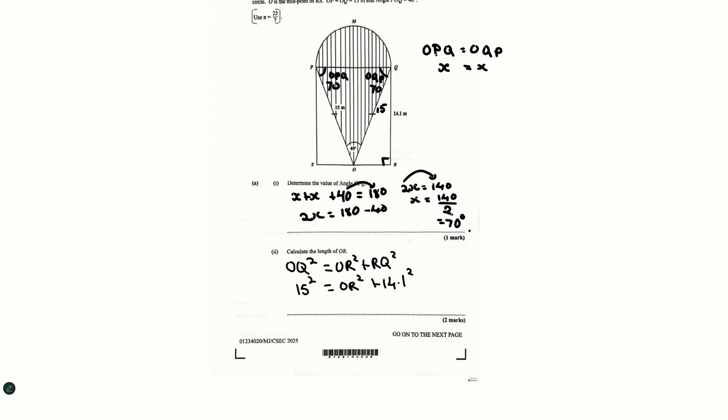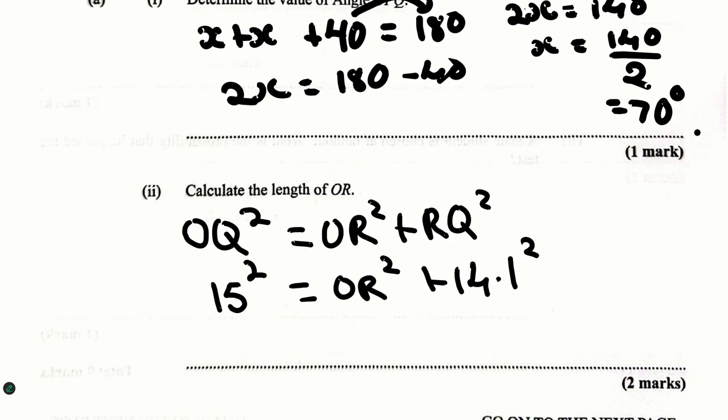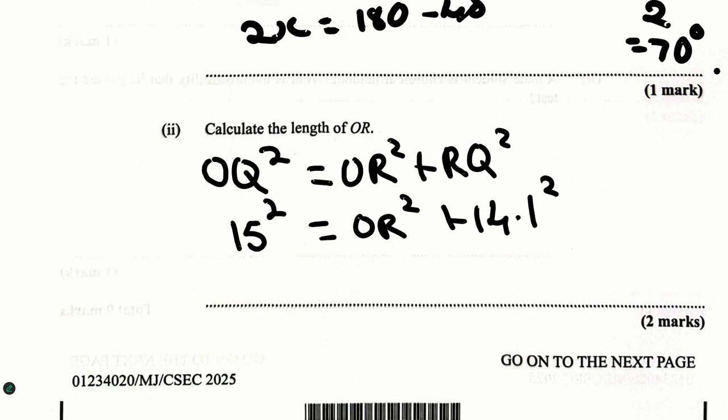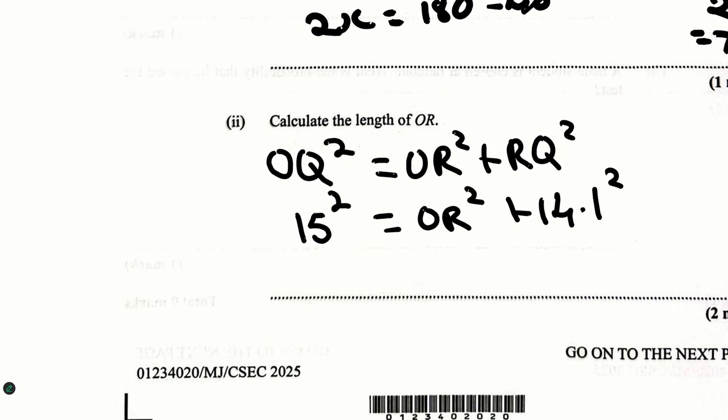Alright, I have the formula and everything, so I'm zooming up so I can write to the side there. So now if I had to make OR squared the subject, 15 squared is equal to OR squared plus 14.1 squared. I want to make this the subject.